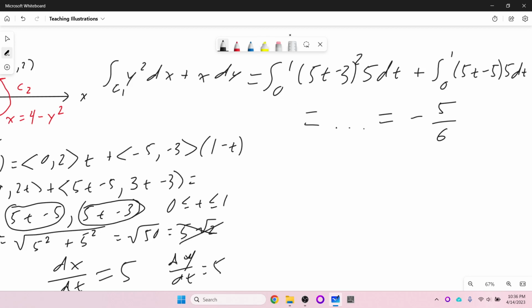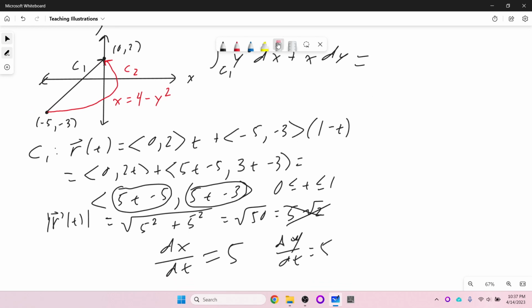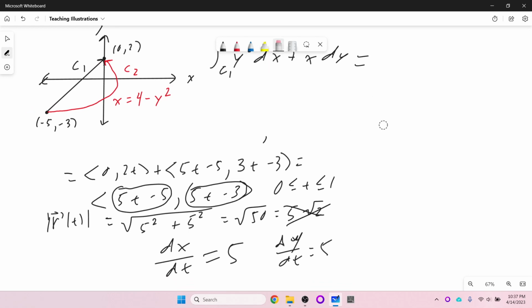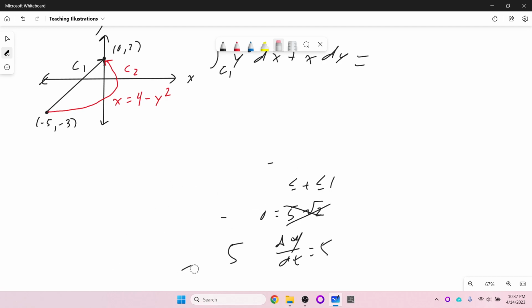But now let's try the other path. So let me erase this here. And let's see what happens if we go along the other path. Okay, it says 4 minus y squared.